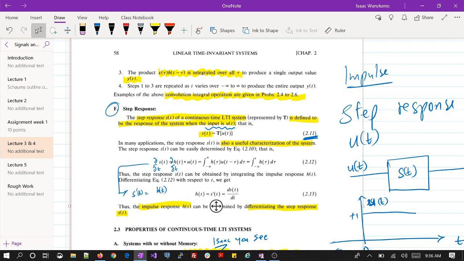We are saying that in many applications, the step response s of t is also very useful in characterizing the system.